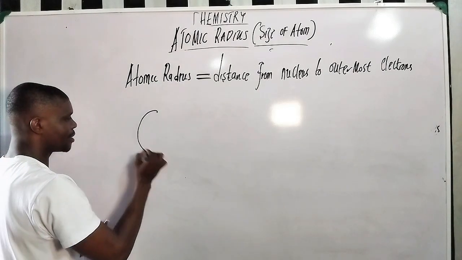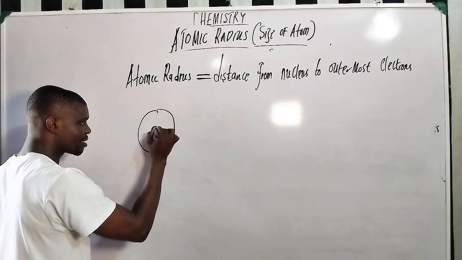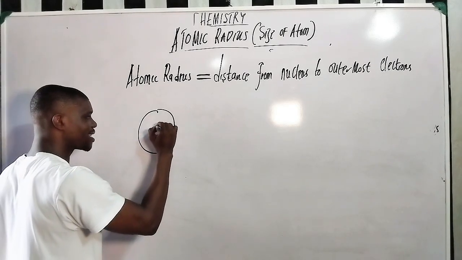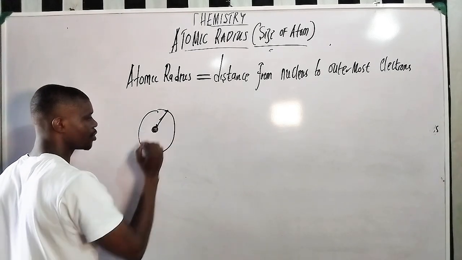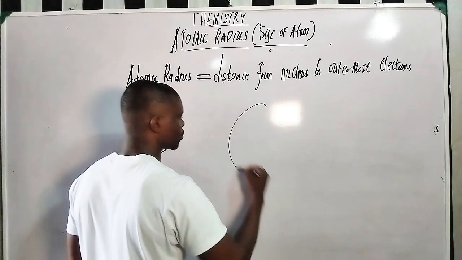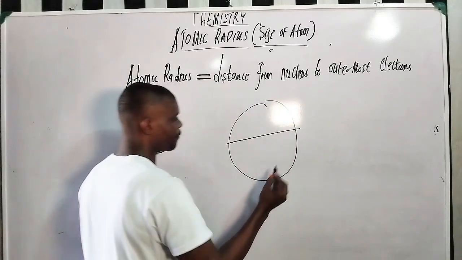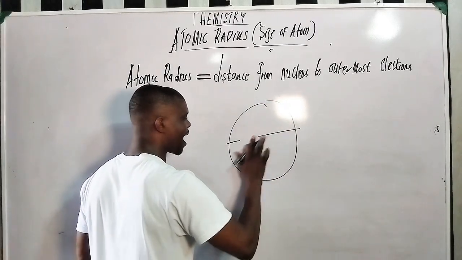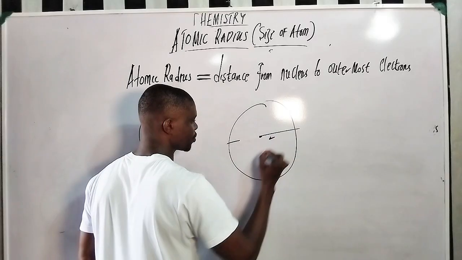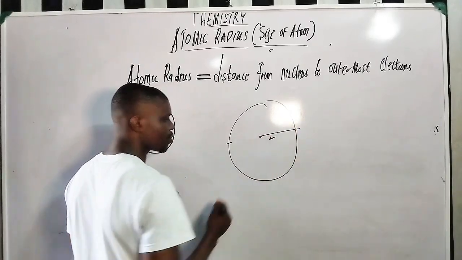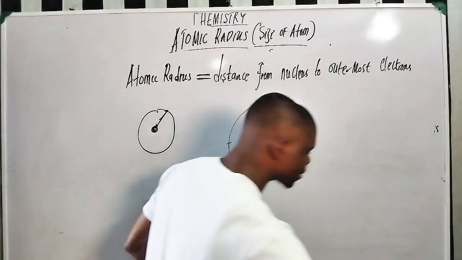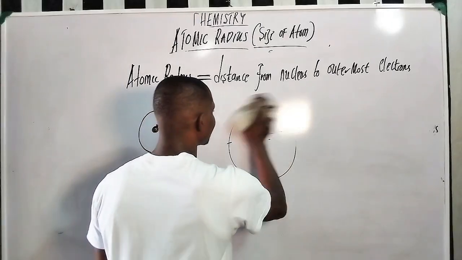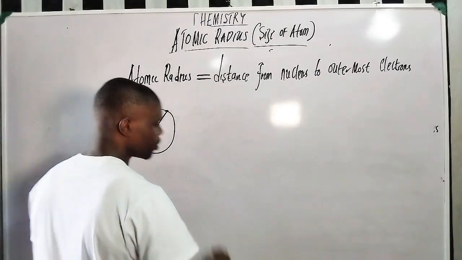If you have an atom like this, the distance between the nucleus and the outermost shell is called the radius, right? Remember, when we talk about a circle, the full length is called the diameter, while the half is called the radius. The radius is the size of the atom. That is called the atomic radius, which is called the size of the atom.